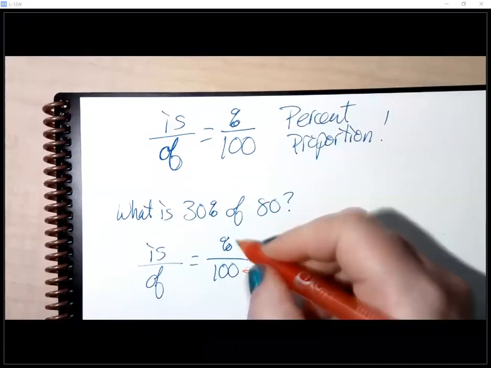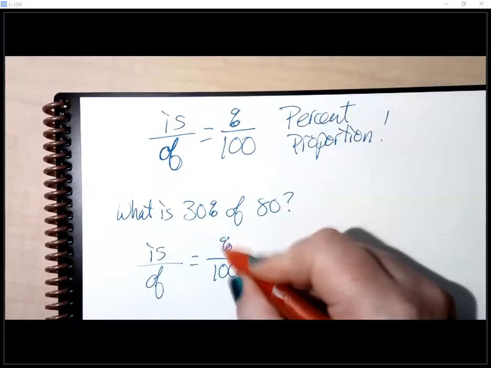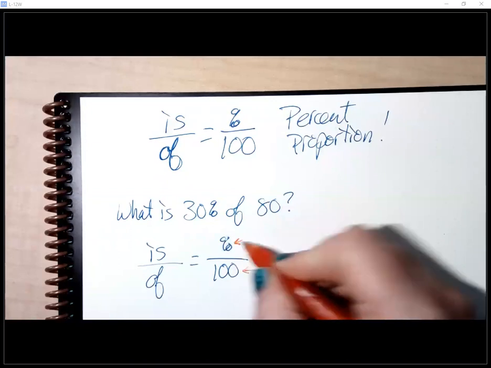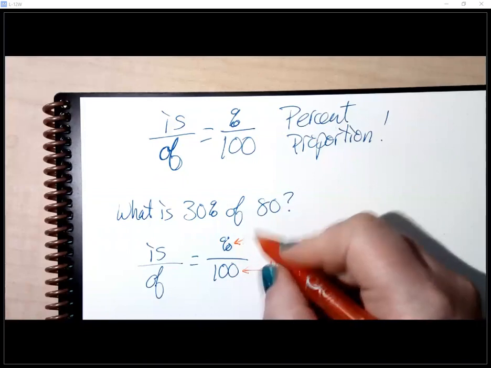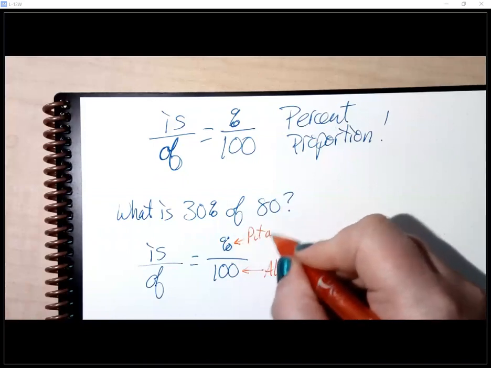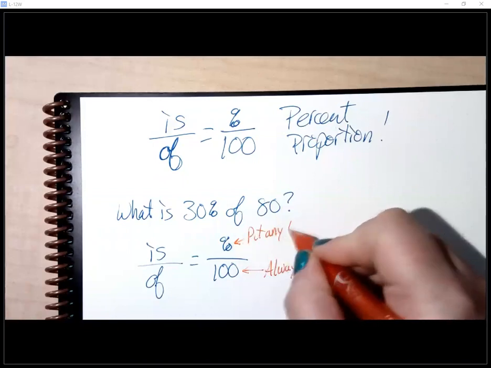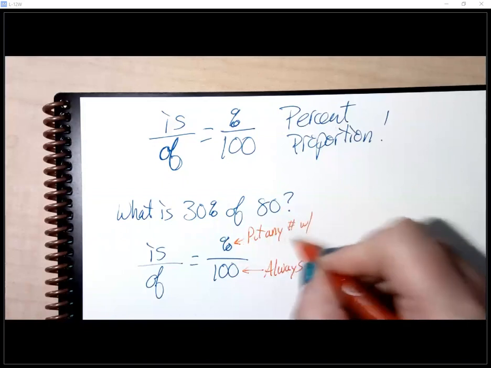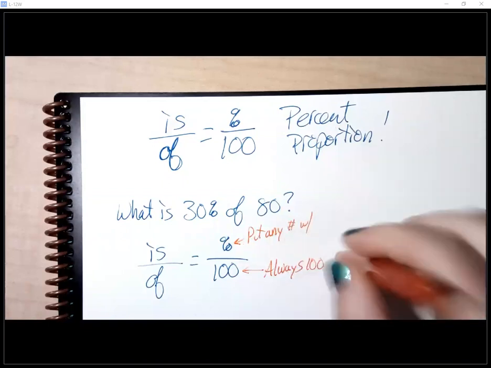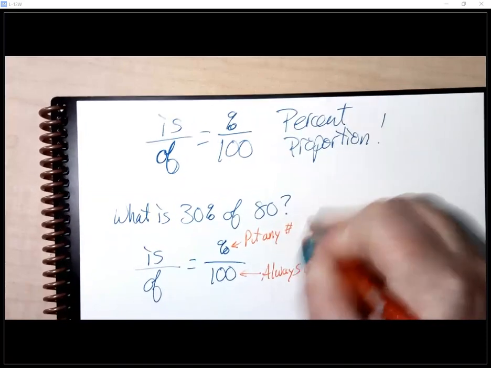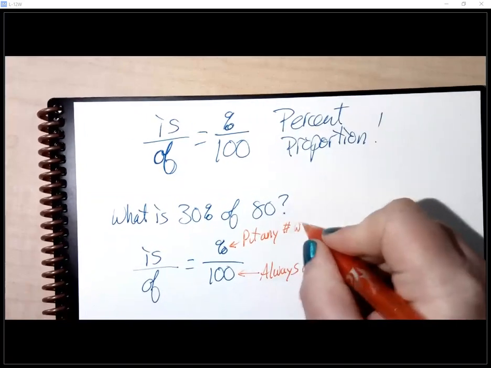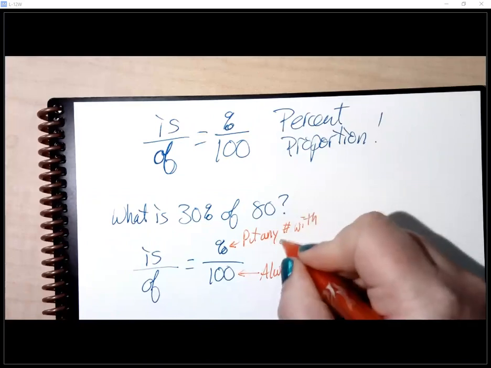The percent spot, if there's a number in your problem that has a percent sign on it already, that number goes there. Any number with a percent sign on it.